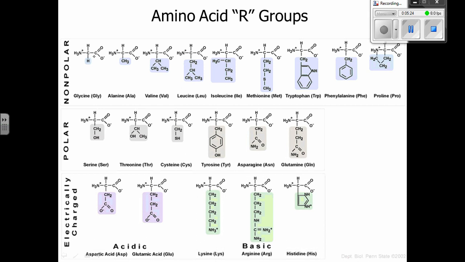If you notice, a hydrogen can be an R group, CH3 can be an R group, or you can have as complicated R groups as you have down here. You also have complicated R groups that look like rings, almost like a carbohydrate attached to it. It's not a carbohydrate, but it looks like one. So these are all R groups, and there are 20 different amino acids that can act as monomers for your protein chains.